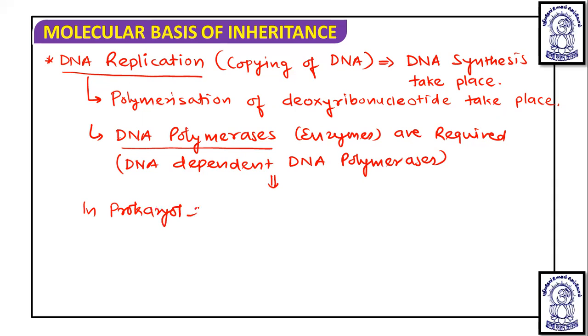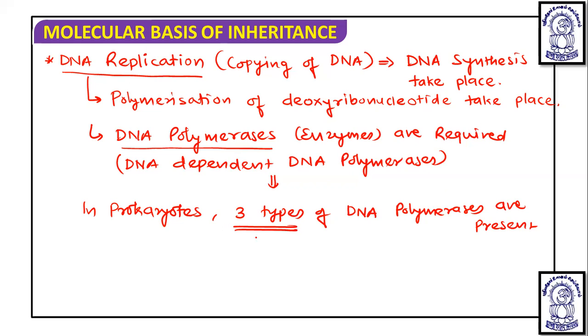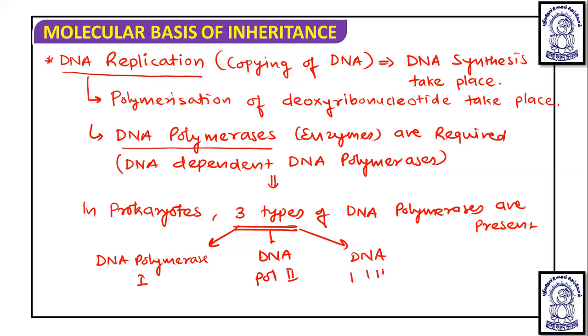In prokaryotes or bacteria, three types of DNA polymerases are present: DNA polymerase 1, DNA polymerase 2, and DNA polymerase 3.